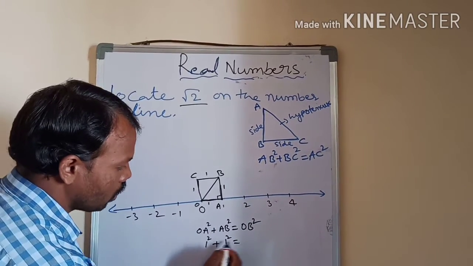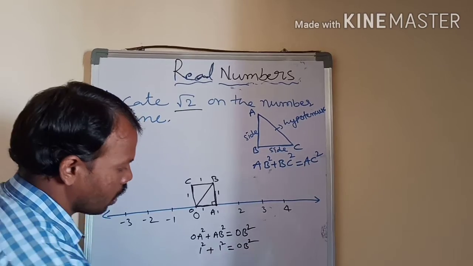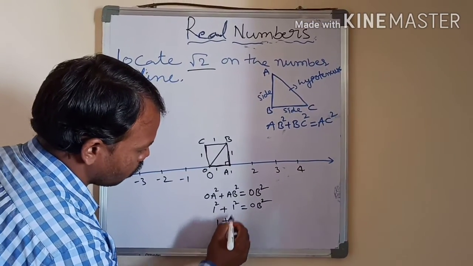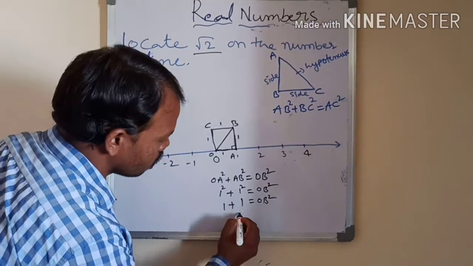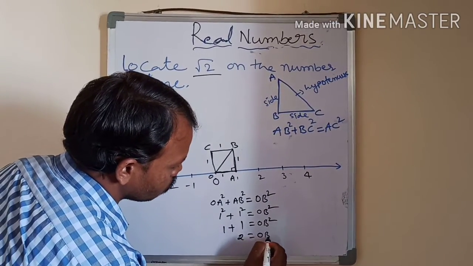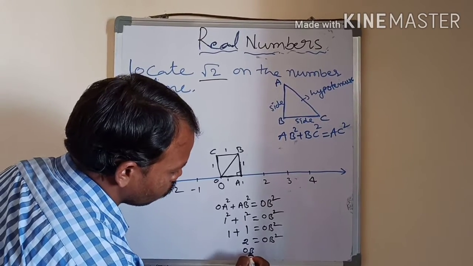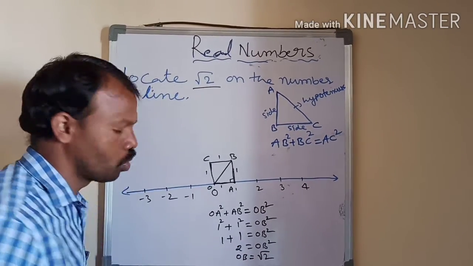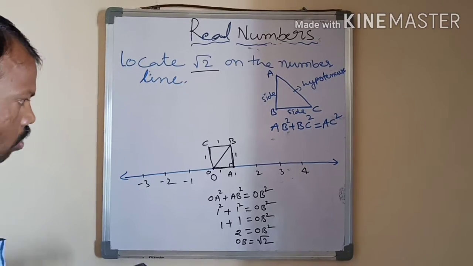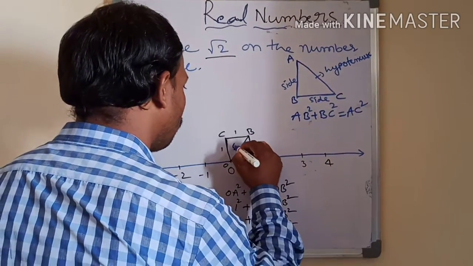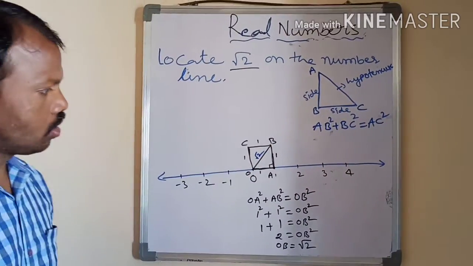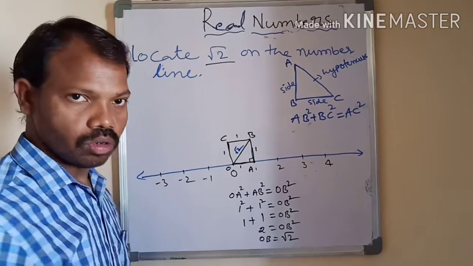We don't know, that we need to find out. 1 square is 1, plus 1 square is 1, so 1 plus 1 is 2, which is equal to OB square. Then OB is equal to root 2. So the length of OB is root 2.